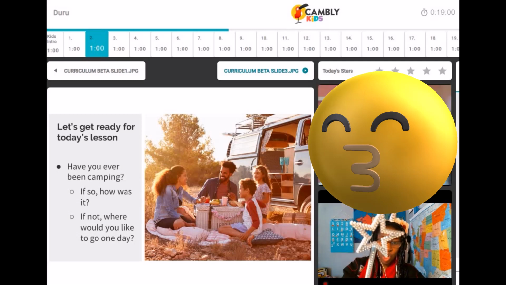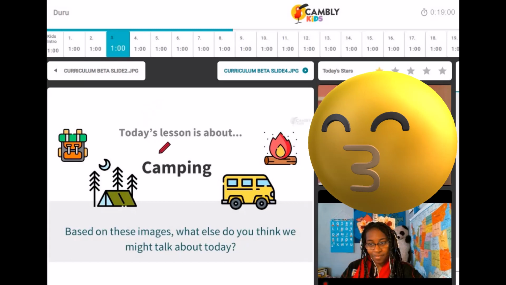Okay, let's do your star. So let's look. See that family? Friends, family. So we have camping. What do you see? It's a bag, camping bag. Yeah, backpack. What's this?